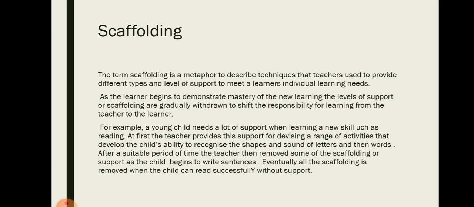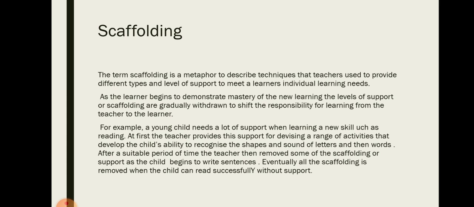For example, a young child needs a lot of support when learning a new skill such as reading. At first, the teacher provides this support by devising a range of activities that develop the child's ability to recognize the shapes and sounds of letters and then words. After a suitable period of time, the teacher then removes some of the scaffolding or support as the child begins to write sentences.